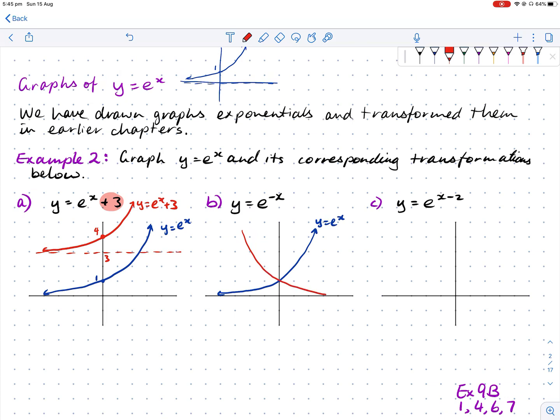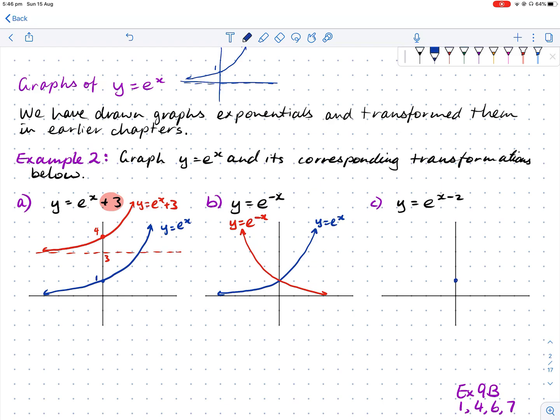It's going to go in the opposite direction. Because basically what that means is if I had a positive x value, it's now turning into the negative. Okay, so it's turning into that one there. If I have a negative x value, then it's turning into the positive one over there. So this is going to be y equals e to the minus x.